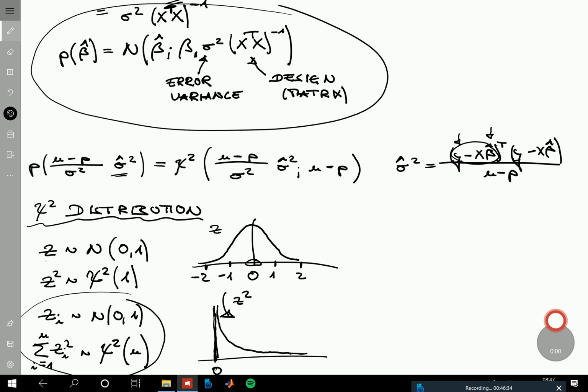To really show that would require quite some writing down of equations, and in the end what comes out is that the scaled version of the variance parameter estimate is chi-square distributed. It's not that rewarding to do the whole derivation. The important thing is that the variance parameter estimate is not normally distributed.